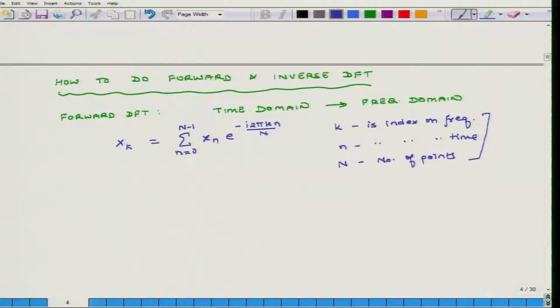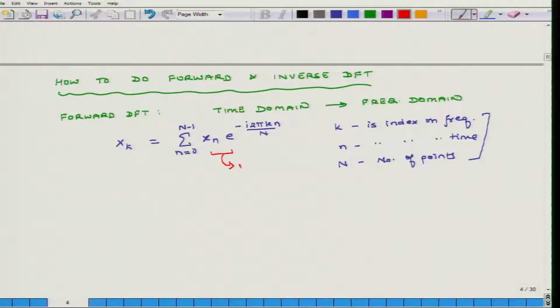Okay. Now, I will spend maybe 2 more minutes on this because I am going to introduce one more term. So, let us look at this parameter. What do we see here? Here xn is being multiplied by exponent to the power of i 2 pi kn over n.